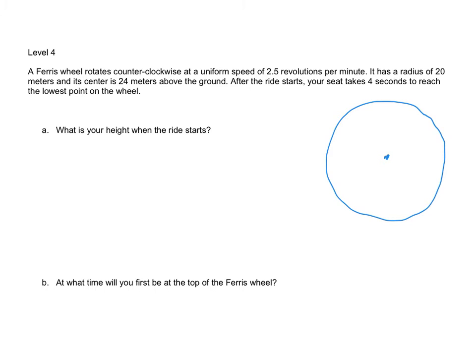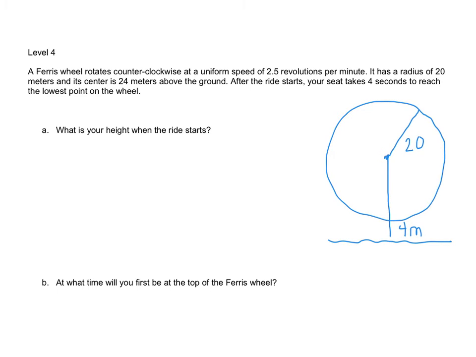It has a radius of 20 meters, so 20. And its center is 24 meters above the ground. So let's say this is the ground. That means this piece right here is 4 meters.